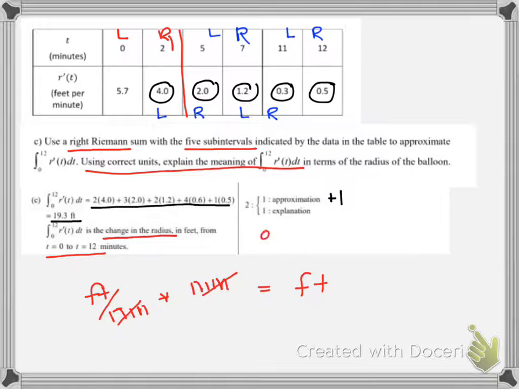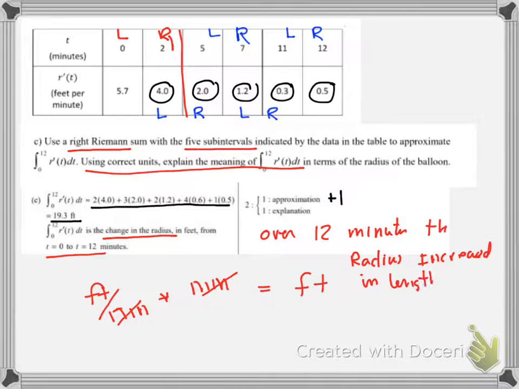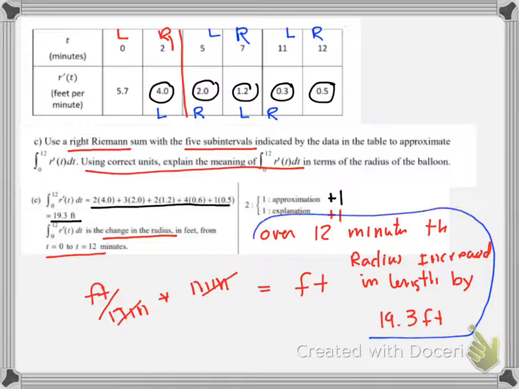Or you could say over 12 minutes, the radius increased in length by 19.3 feet. 1 point for something like what you see in blue, or what they said in their key.